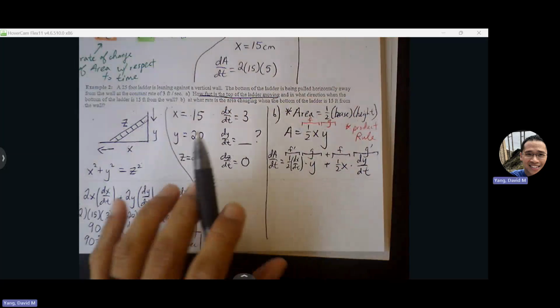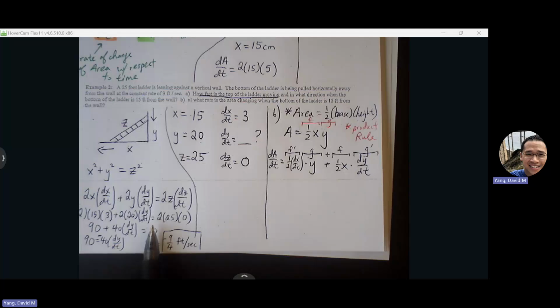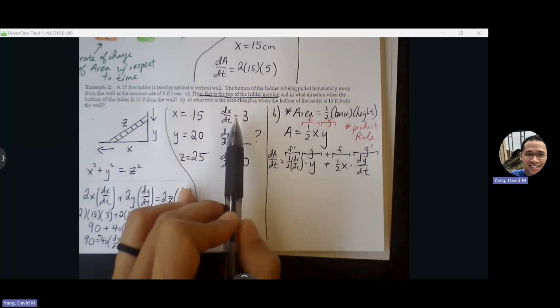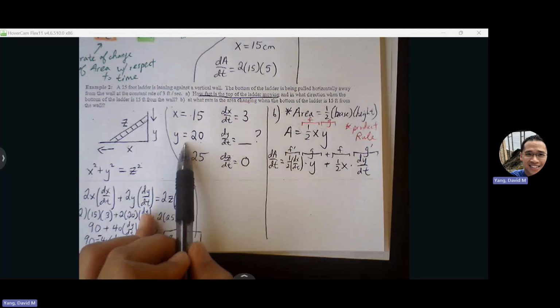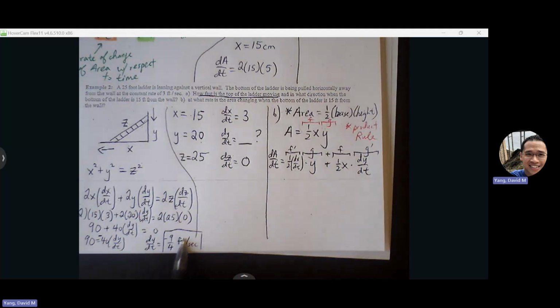Now this is talking about the same moment in time, so all the data that we gathered from part A can be plugged in. So we can replace dx/dt with 3, replace y with 20, replace x with 15, and then replace dy/dt with -9/4. We can plug into our calculator.